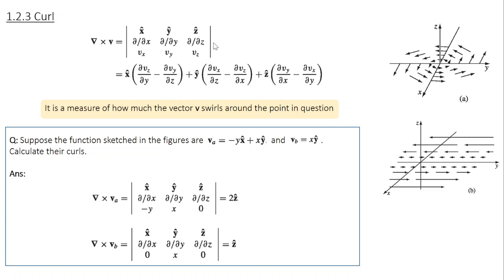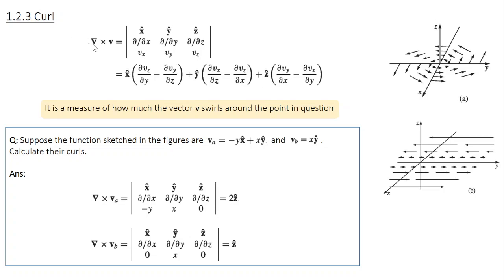This is the definition of cross product of two vectors. Now you can expand this and write dou vz by dou y minus dou vy by dou z into x cap plus dou vx by dou z minus dou vz by dou x into y cap plus dou vy by dou x minus dou vx by dou y z cap.